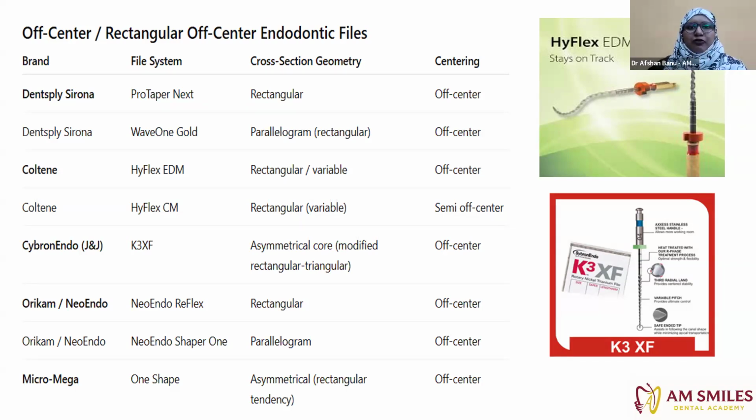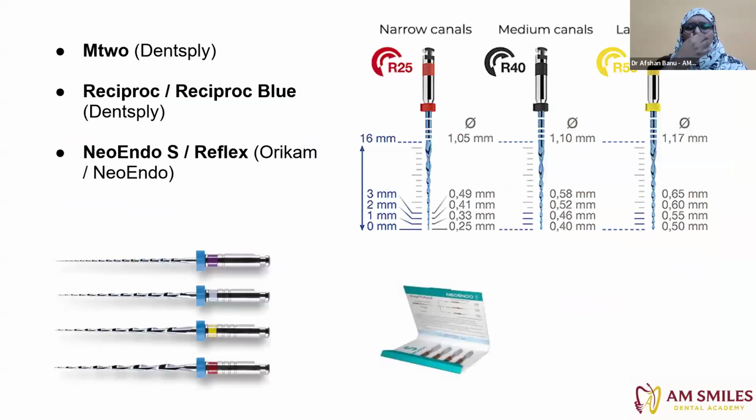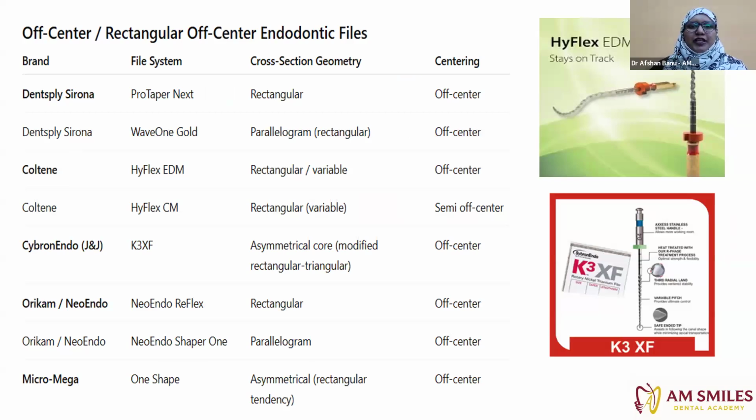So with these types of files, which have minimal preparation, starting with even your Reciproc, which is not going to prepare that much, it is going to be a single file system. When you go for a file system which prepares your canal very minimally, that system should always be combined with a proper irrigant activation system, and also a proper obturation sealer like an MTA sealer or a bioceramic sealer, which can penetrate deep into your dentinal tubules and provide the seal.